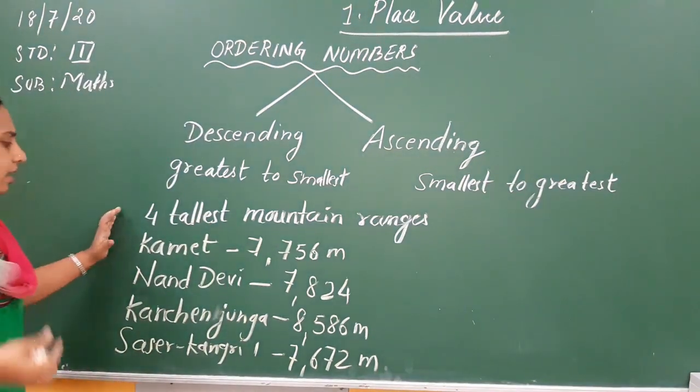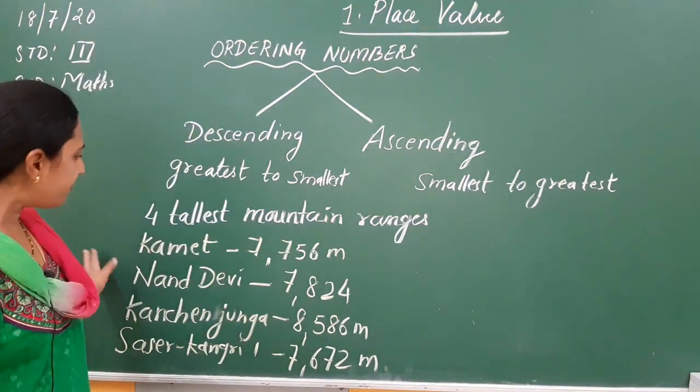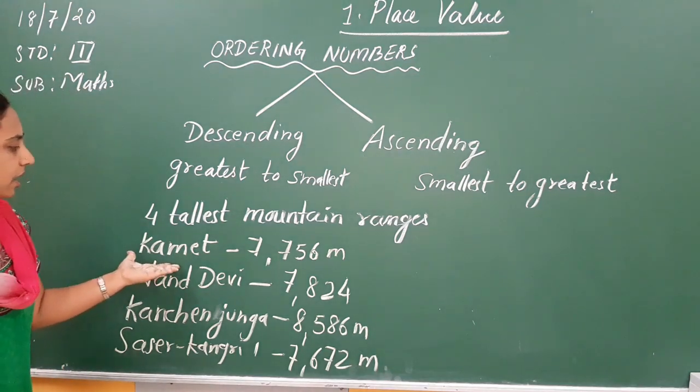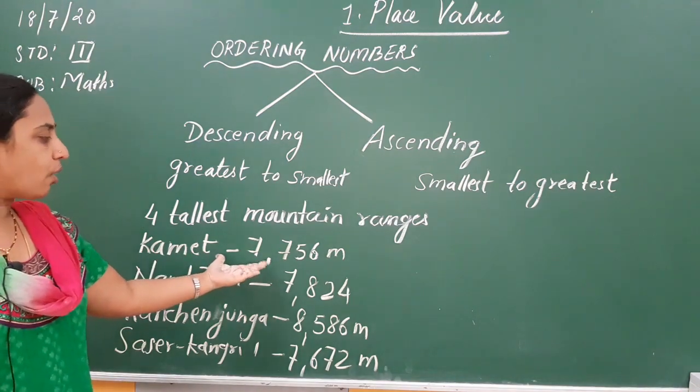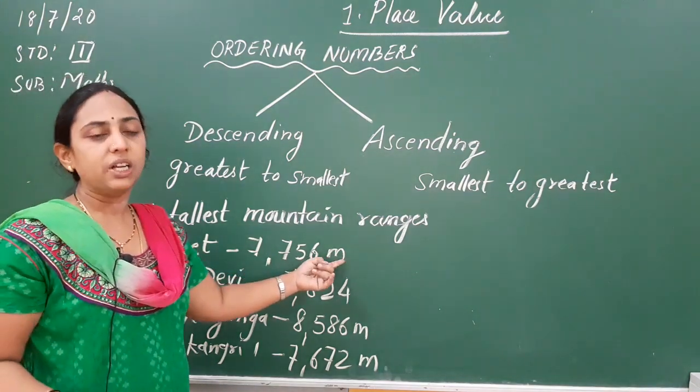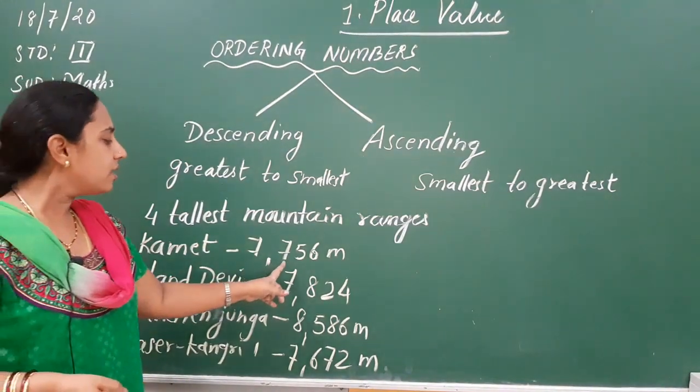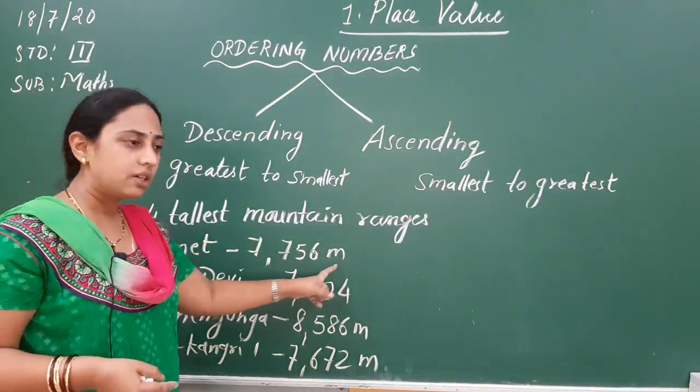You see here the numbers are there, and these are the names of the mountain ranges. Kamet, the height of that mountain is 7,756 meter.